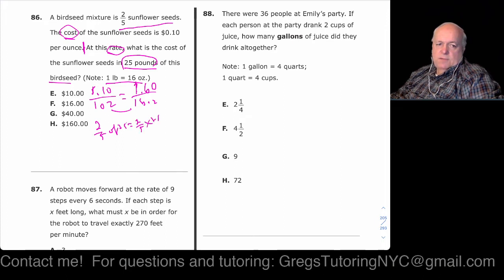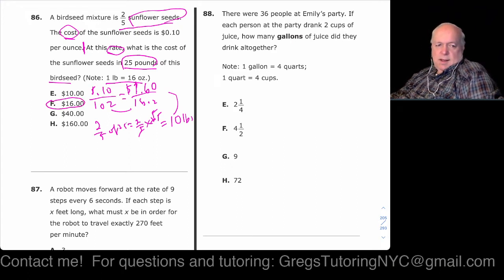That cancels, so we get 5, right? And that means we're only worried about 10 pounds of the sunflower seeds. Again, we don't know what other parts are in there. Okay? So if it's 10 pounds and it was $1.60 per pound, then obviously the answer is $16.